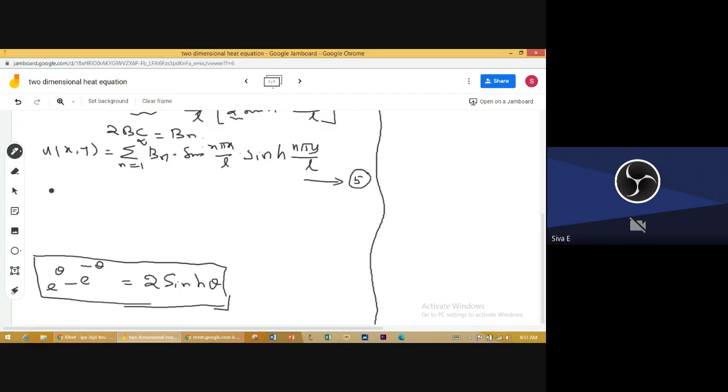So after applying the 3 boundary conditions, we are getting u of x comma y like that. Apply the last boundary condition. Apply boundary condition 4.